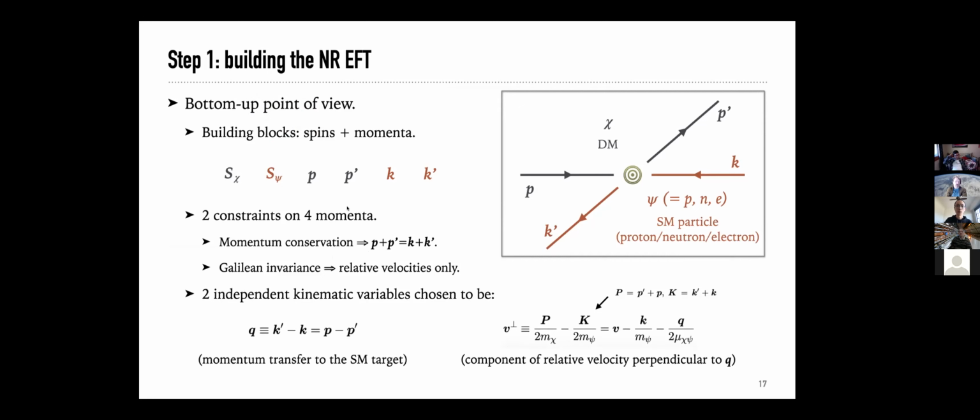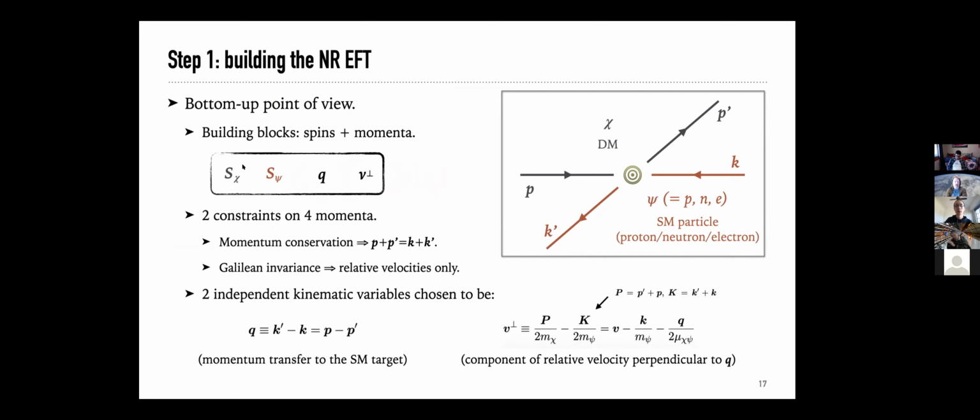So taking into account these 2 constraints, we are left with just 2 independent kinematic variables, and these are typically chosen to be the momentum transfer, here denoted by Q, defined as the momentum transfer from the dark matter to the standard model target. And the other variable is called V-perp. This is the component of the relative velocity that's perpendicular to the momentum transfer. So these are the quantities that we'll use to build up the effective operators.